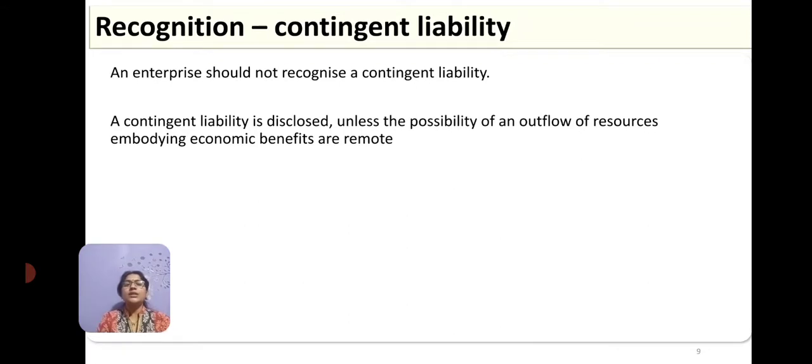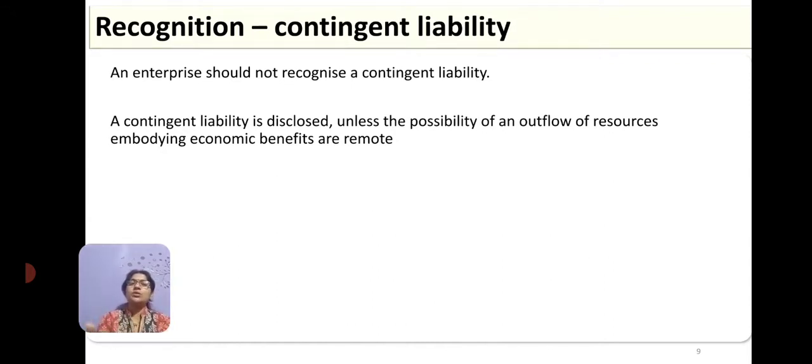Then how is a contingent liability recognized? It is not recognized in the books. That means it doesn't appear either in your statement of profit and loss or in the statement of financial position. Then what do we do? We can show it as a note in the balance sheet.